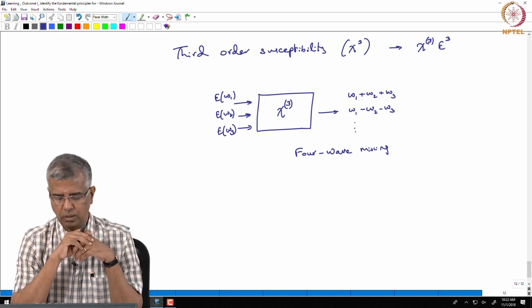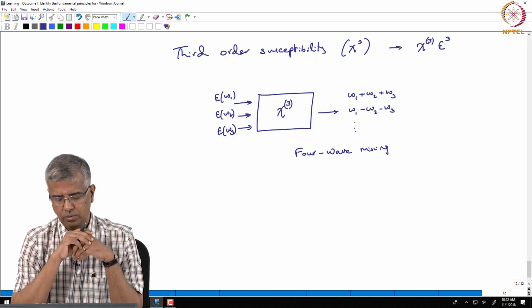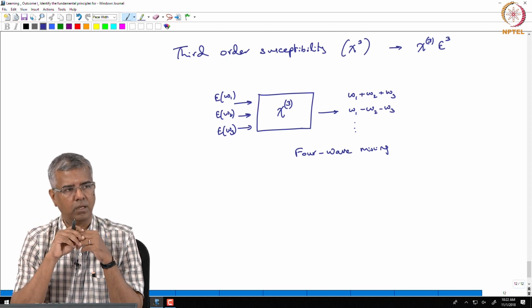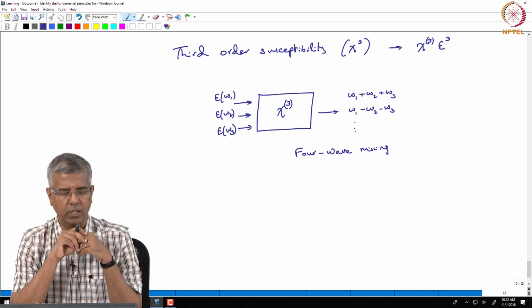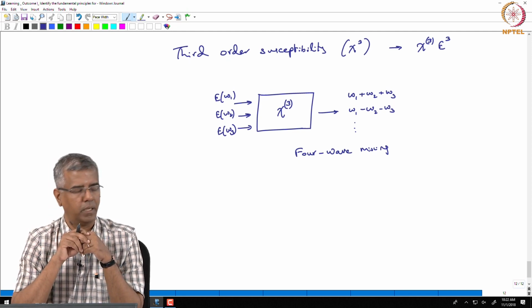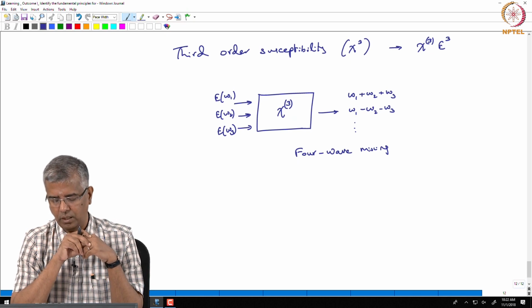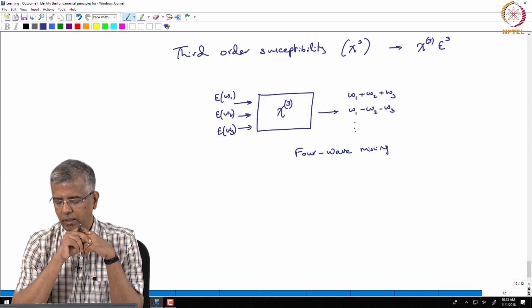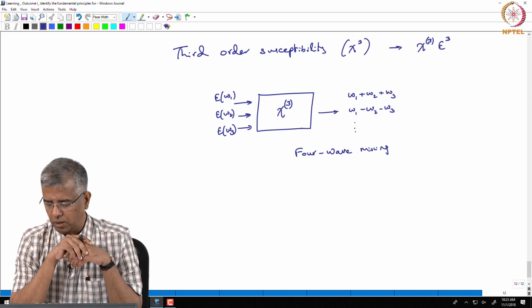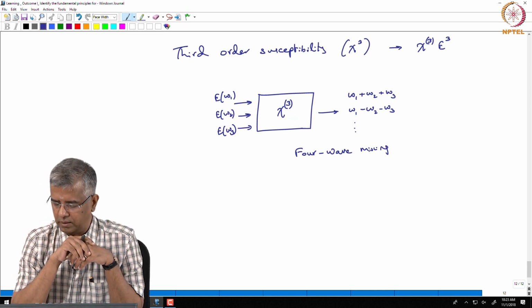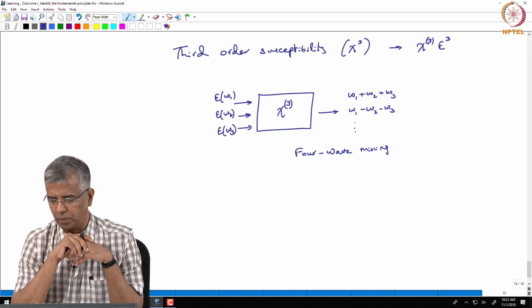So, you could have 2 photons of omega 1 interacting with 1 photon of omega 2. So, you can get 2 omega 1 minus omega 2 type of process possible. So, essentially you have what is called 4-wave mixing happening. That's one of the processes that could happen.